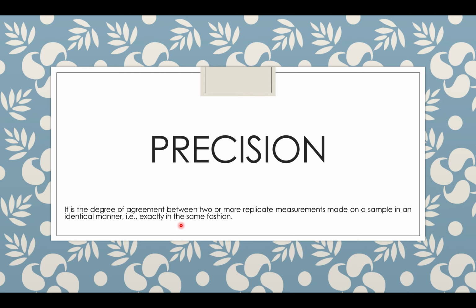This has the same meaning as we have just looked into: if you do two or more replicate measurements of a sample in an identical manner, without changing the method in which you are measuring that particular quantity, and they have good agreement between them, then we say that these measurements have good precision.